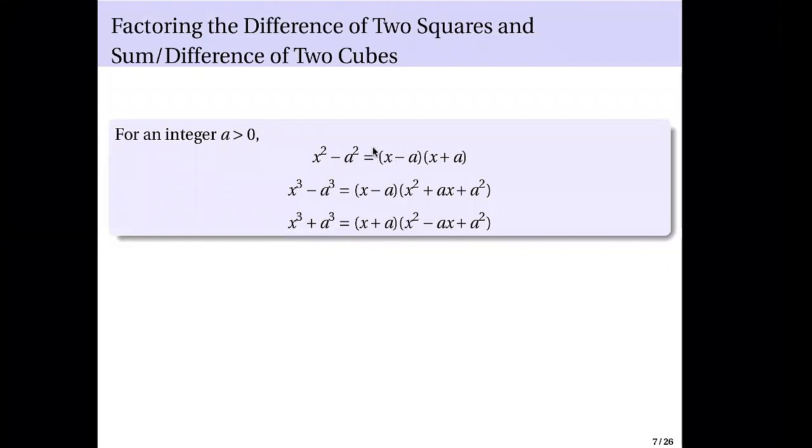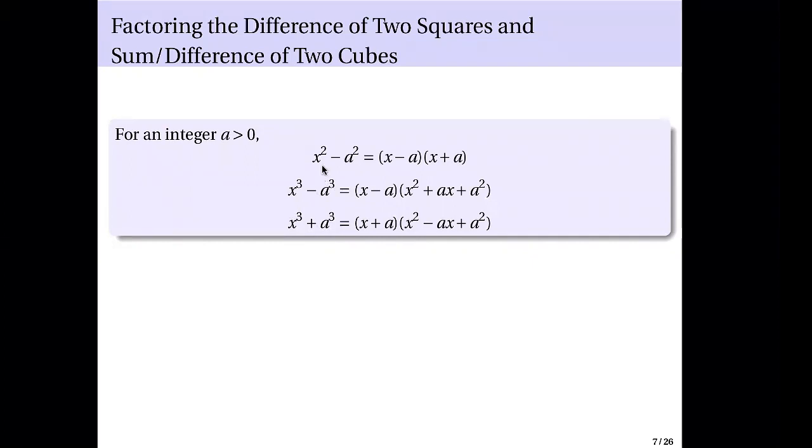So this is the same formula as in the last meeting. What we're going to add for this part is the difference of two cubes, x cubed minus a cubed, and then the sum of two cubes, x cubed plus a cubed. So minus and plus.